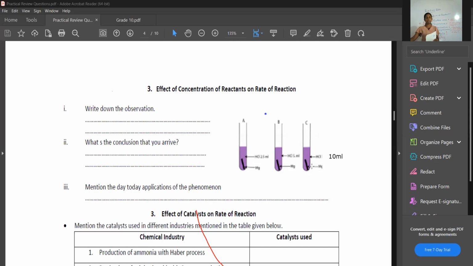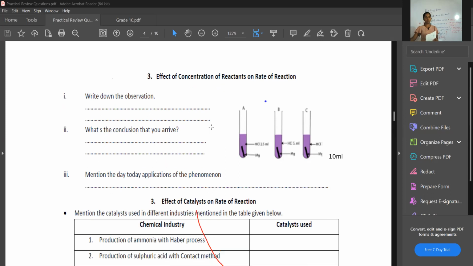Gas bubbles mean hydrogen gas is produced here. They evolve fast in test tube C because there are 10 milliliters of acid. So that is the observation.